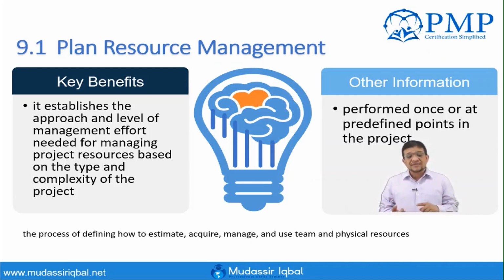So we will be identifying the project team. We will be looking into the reporting relationships. Who is reporting to whom? Who will be doing what work? Obviously, this is planning, so we have to make sure that the planning remains unbiased.